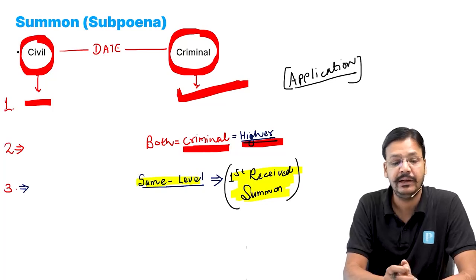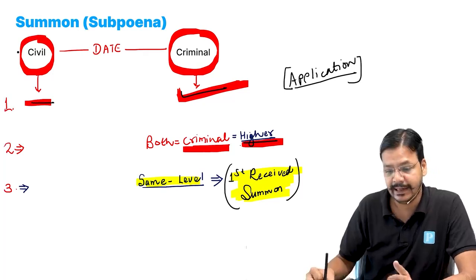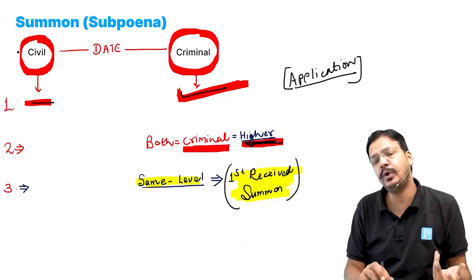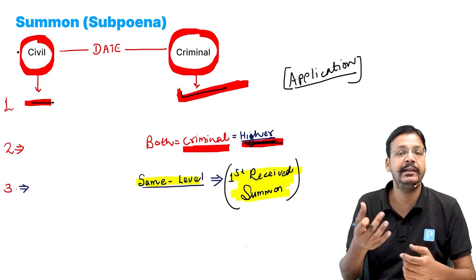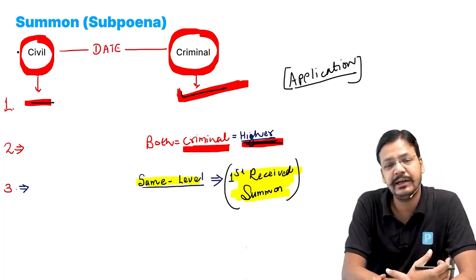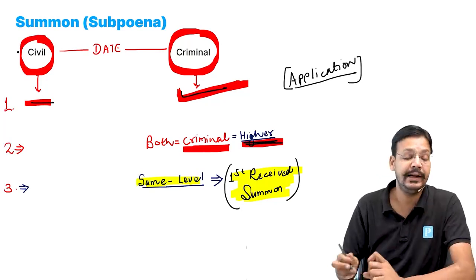An application has to be sent. So if you are attending criminal court, send an application to civil court. If you are attending higher court, send an application to the lower court. And if you are attending both same level courts and attending the first received summons court, send the copy to the other court. So just see this sequence while attending the summons.